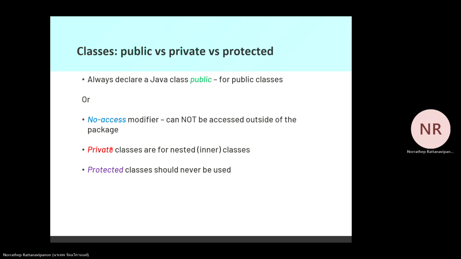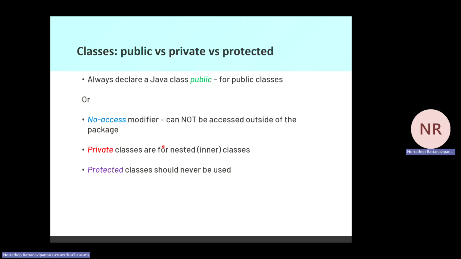Here, you can use a private class to declare a nested class. So you have a class inside a class, and you declare the innermost class to be private so that it guarantees that the only class that can access the innermost class is the outermost class. So this works for a private class.